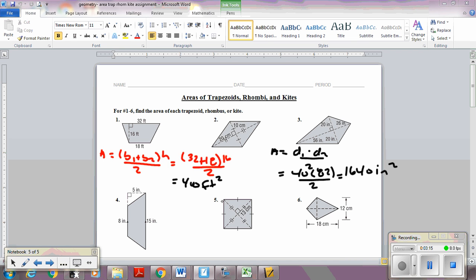Number 5 is a square slash rhombus. So you can use the rhombus formula, which is area equals D1 times D2 divided by 2. And again, all the parts are the same. So that would be 13 times 13 plus 13 is 26 times 26 divided by 2.